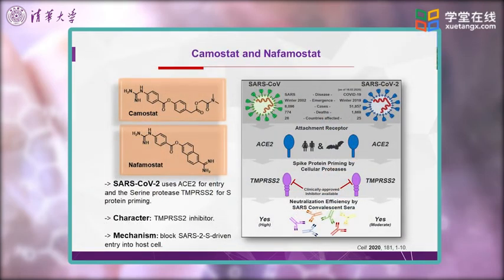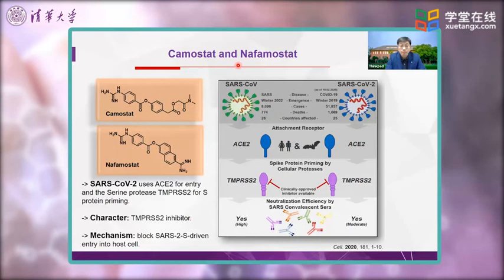On this slide, we can see two drugs named camostat and nafamostat. Here's the chemical structure. As we know, the novel coronavirus uses ACE2 for entry, and the serine protease TMPRSS2 for spike protein priming. Those two drugs are believed to be TMPRSS2 inhibitors.